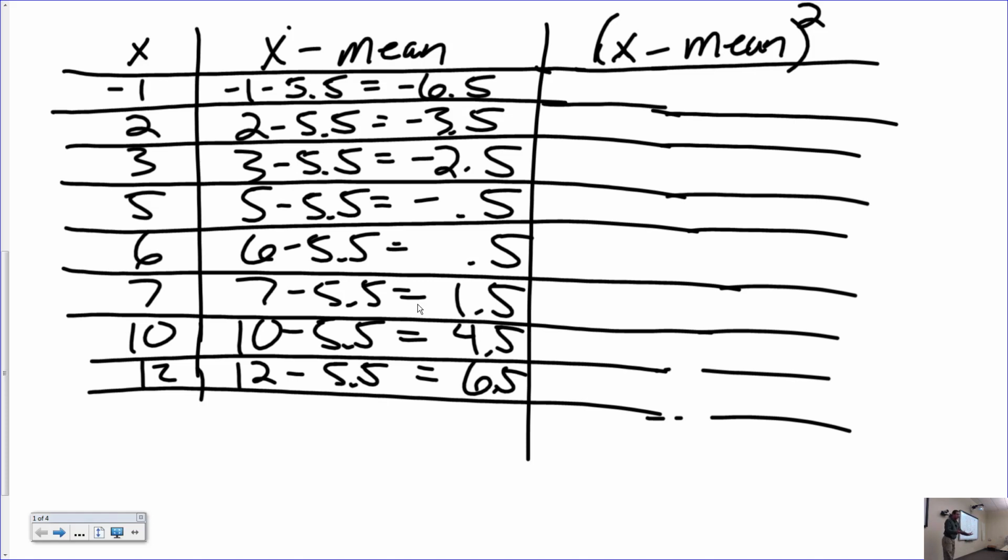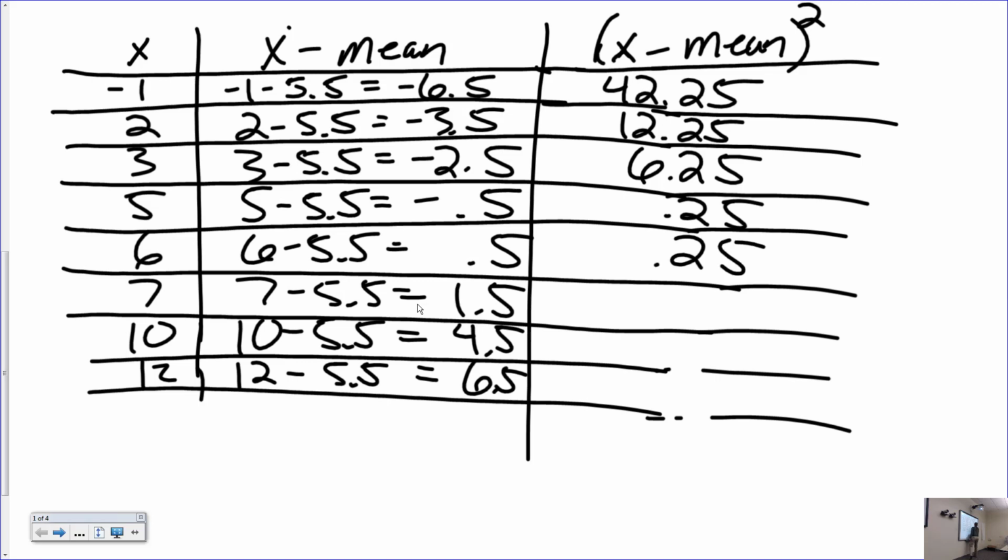So what is negative 6.5 squared? 42 and a quarter. How about negative 3.5 squared? 12.25. 12 and a quarter. Negative 2.5. 6 and a quarter. We can do the next few.